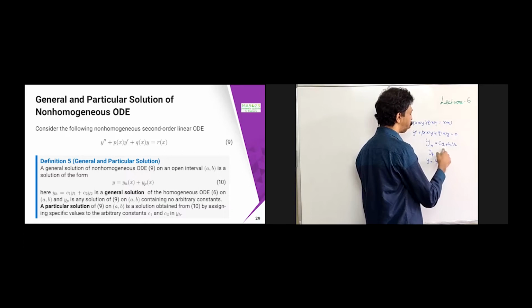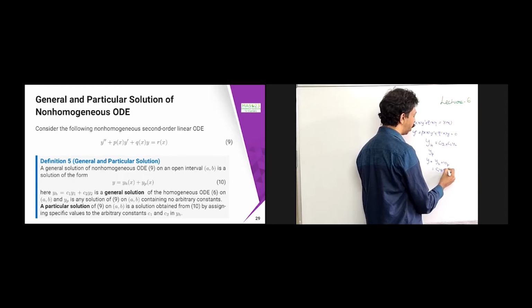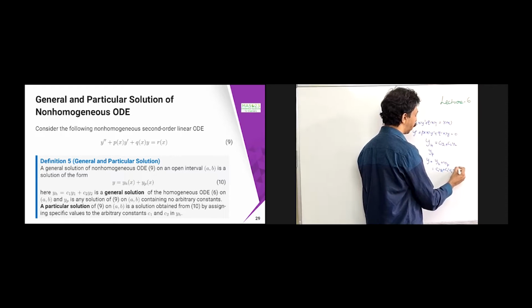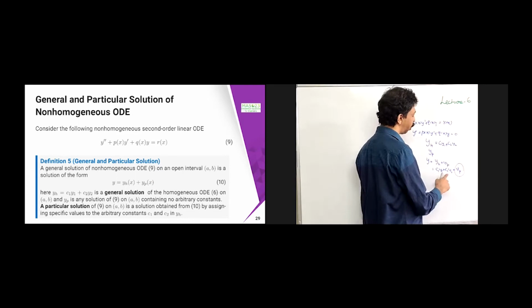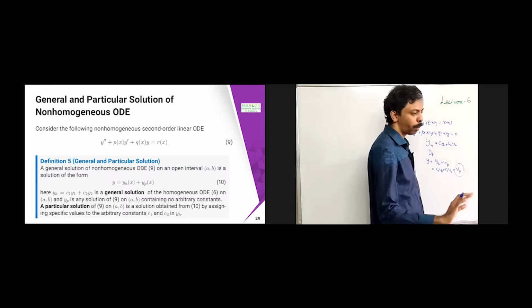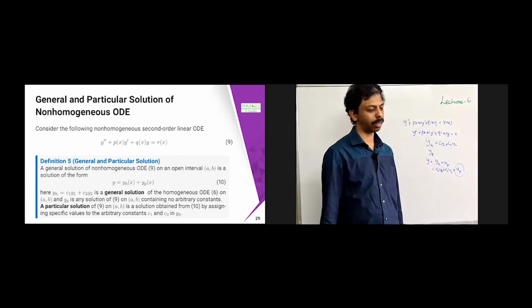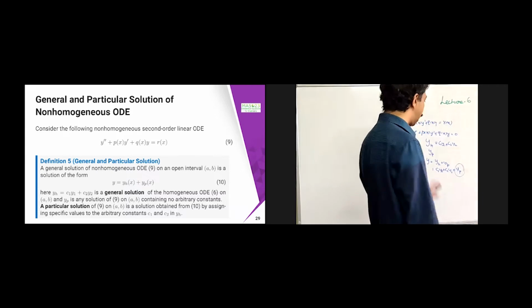That means if y1 and y2 are two independent solutions, you can write C1 y1 plus C2 y2 plus y p. Here C1 and C2 are arbitrary constants, but the y p part should not involve any arbitrary constants. So this is the general solution for the non-homogeneous ODE.